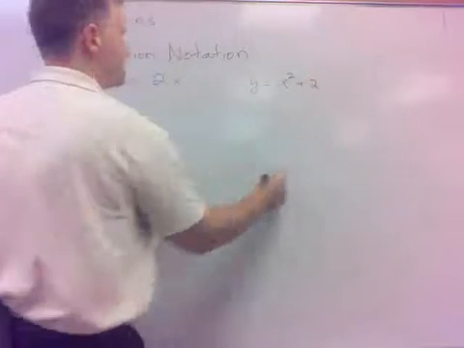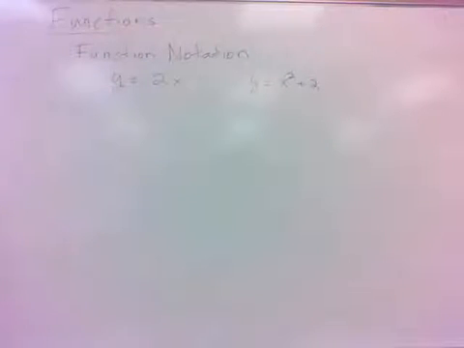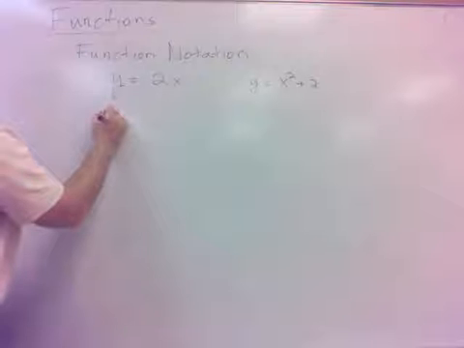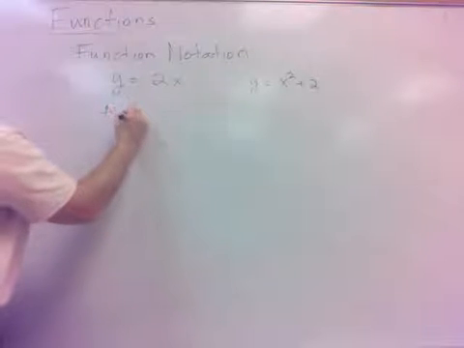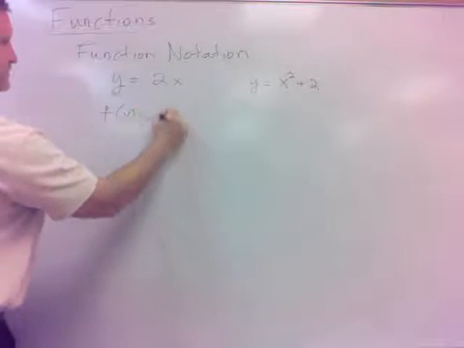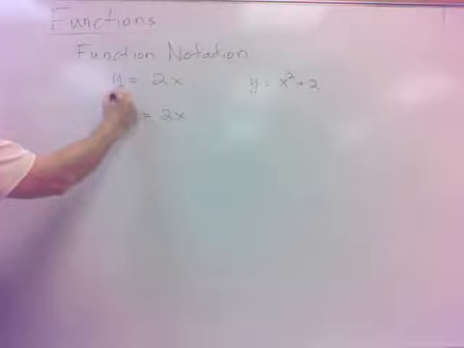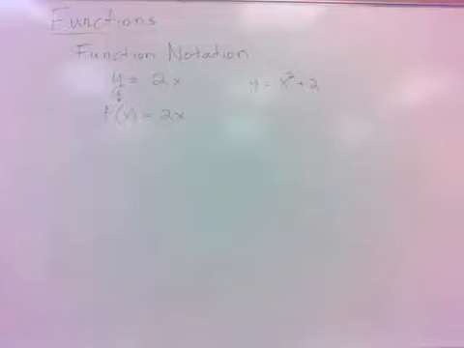Both of those are functions. And we have a function notation. Instead of y, we replace the y with this function notation. The function notation goes like this: f parentheses x and then equals 2x. So I'm replacing the y with this f parentheses x notation. Here's what this means. It's read f of x.